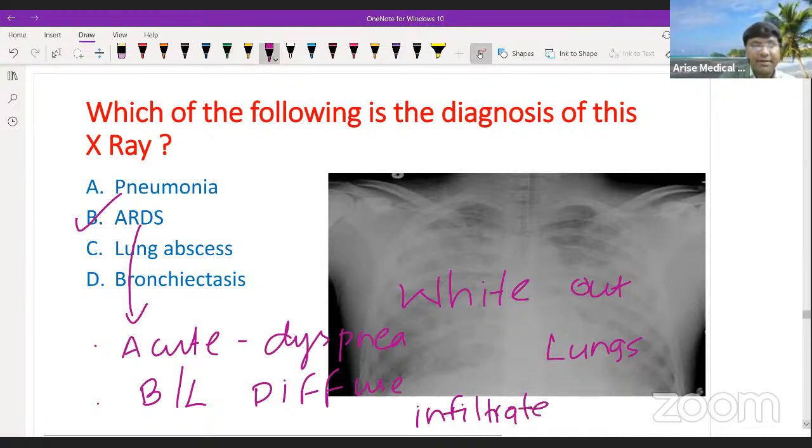That is what is your ARDS. The individual will have acute onset dyspnea and bilateral diffuse infiltrates, and because of these bilateral diffuse infiltrates, there will be a complete whiteout lung. The entire lung is completely whitewashed.